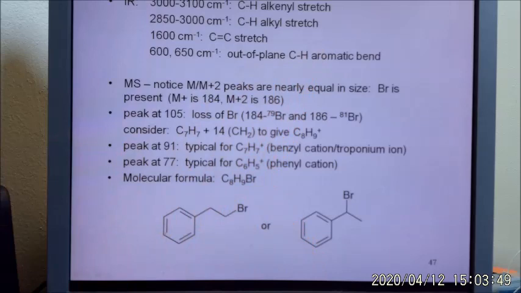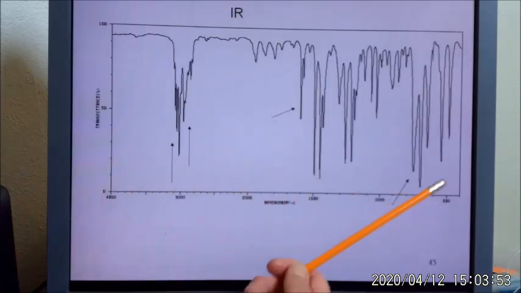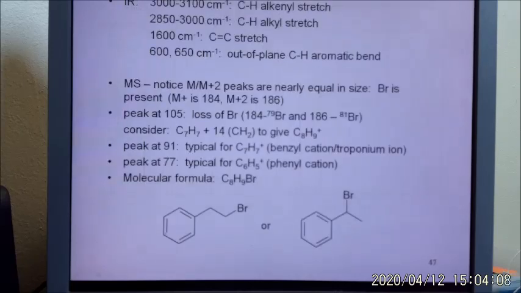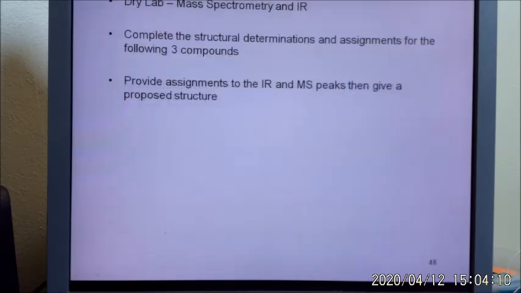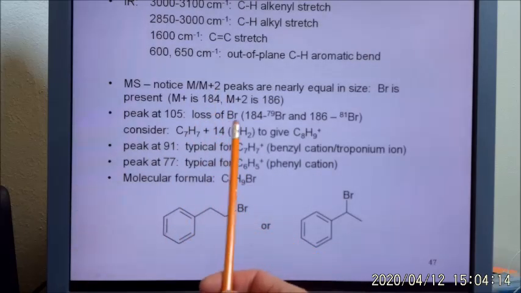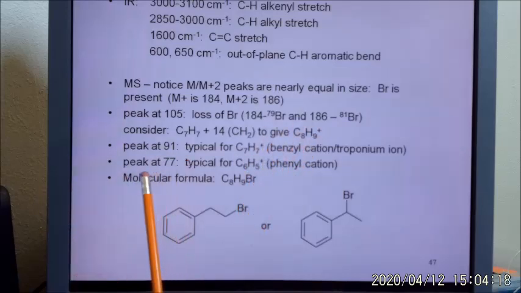If we go back, remember, carbon-bromine stretches are between 500 and 600 or so. That's why the fingerprint region is very characteristic, but you want to be careful as you assign those because there's so much overlap.